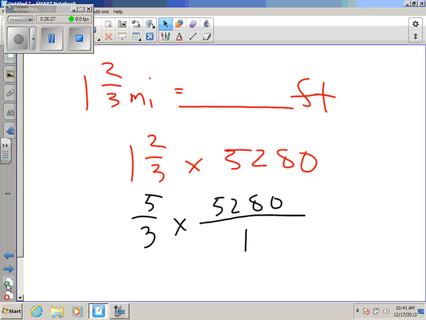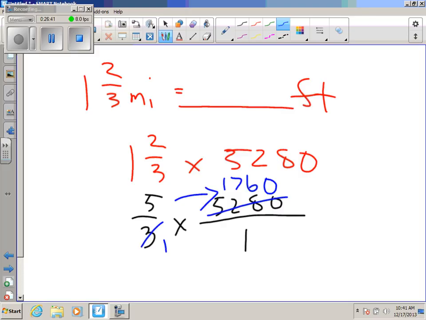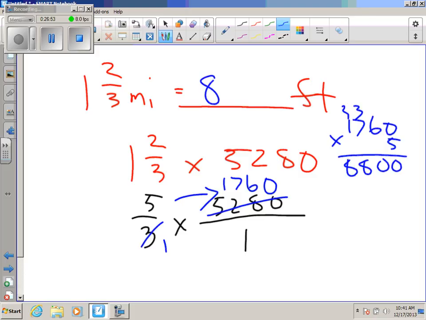When we found out how many yards. What was the answer? 1,760. We did that already. We just did it 5 minutes ago. So now, all you've got to do is multiply 1,760 times 5. 8,800.